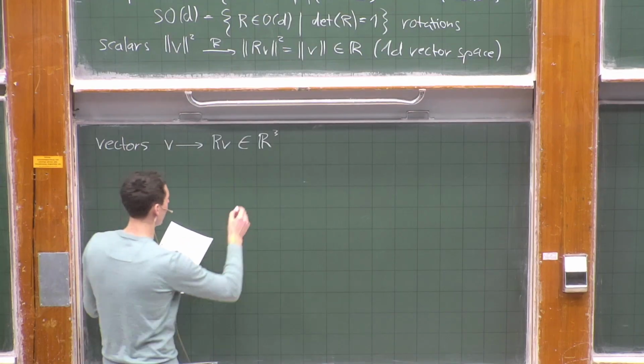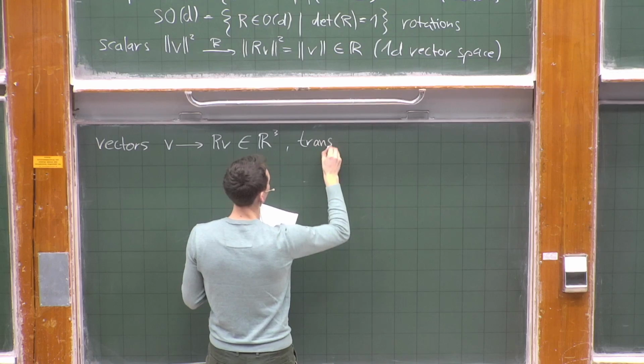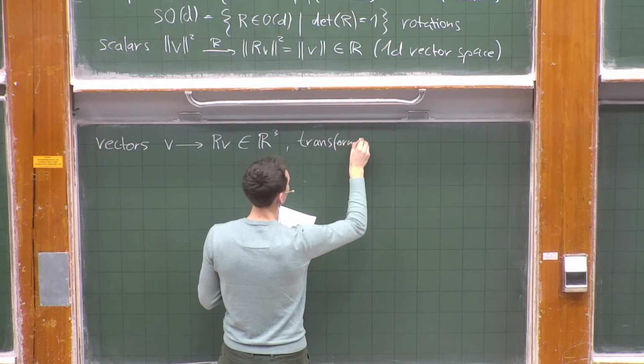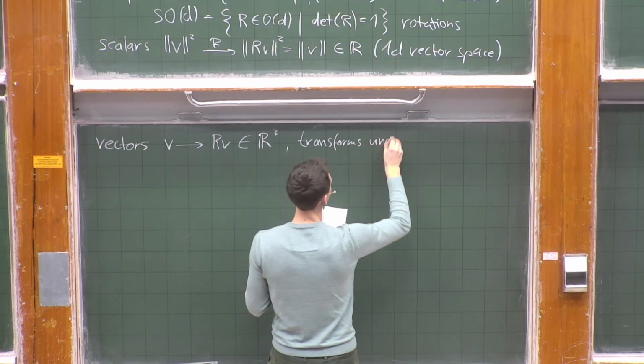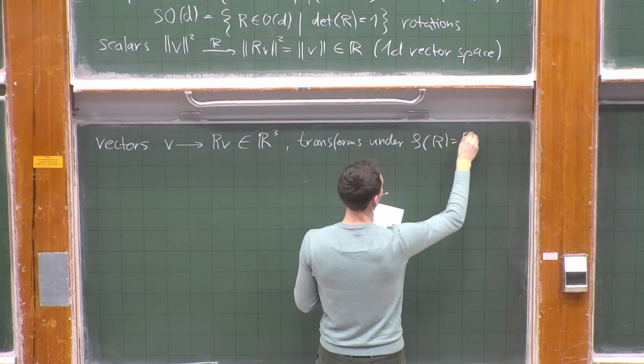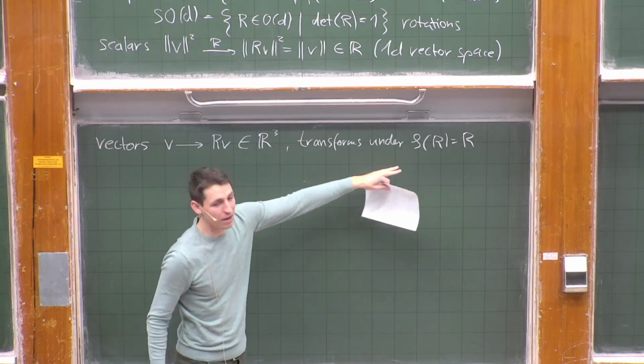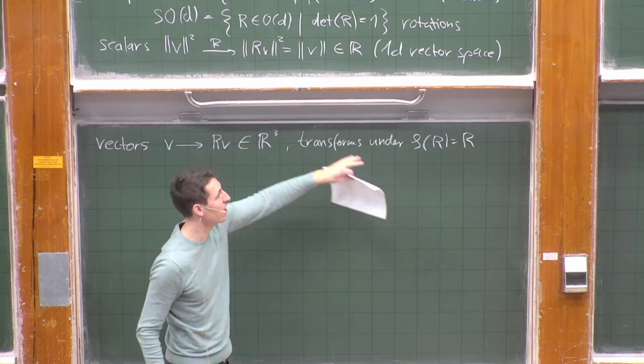And the representation for this, one could say it transforms under rho of R equals R. So in this case, the representation are the matrices themselves.